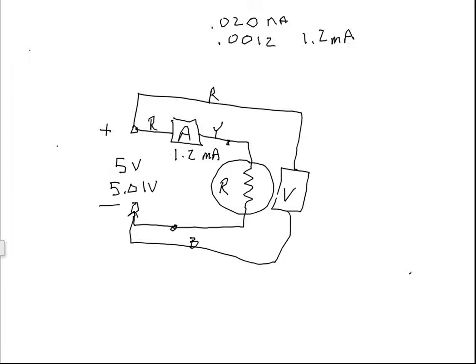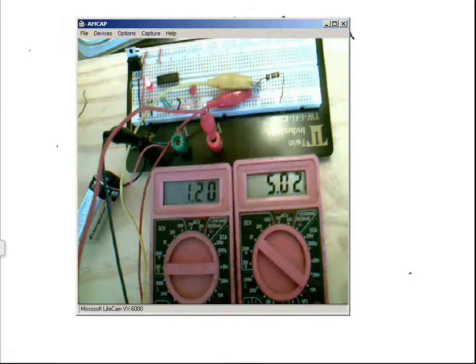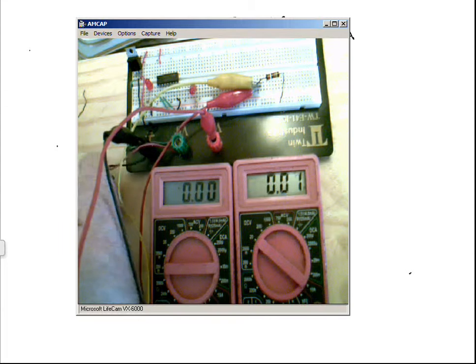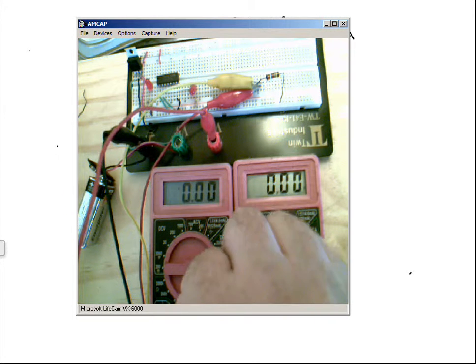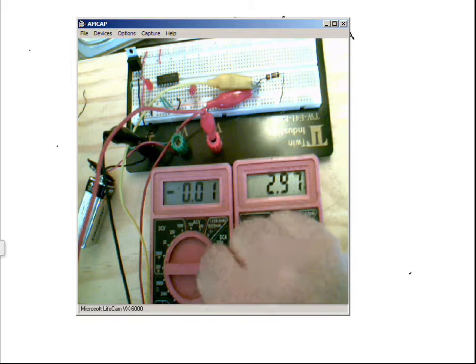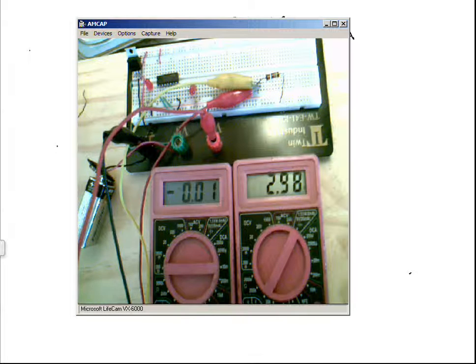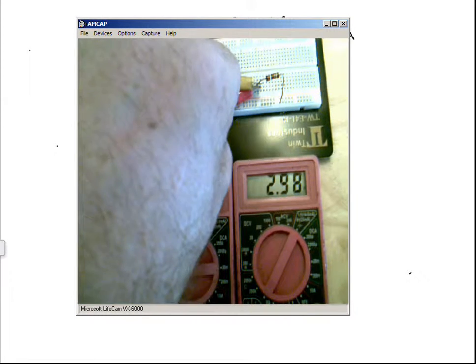So let's see how close we actually are to that as far as our meter measurements go. And I'm going to give my meters, say, a 10 to 20% tolerance because they are fairly cheap. So coming back to here, I'm going to remove power because, of course, an ohm meter has its own source. I'm going to take this down to 20k ohms maximum, and I'm going to isolate from the circuit.